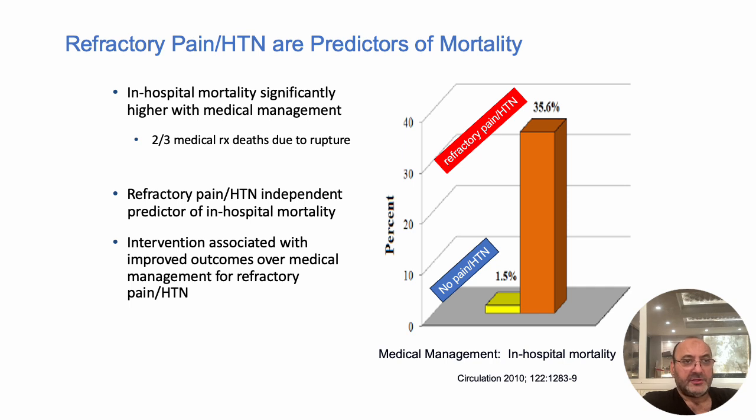The most important clinical predictors of mortality in these patients are pain and hypertension. In-hospital mortality significantly increases when you have refractory hypertension that's difficult to control, needing multiple drips, and when you have pain that is not resolving with normal pain medication.